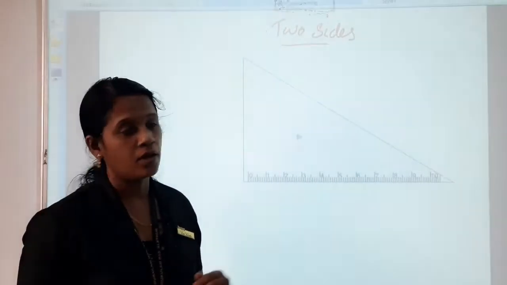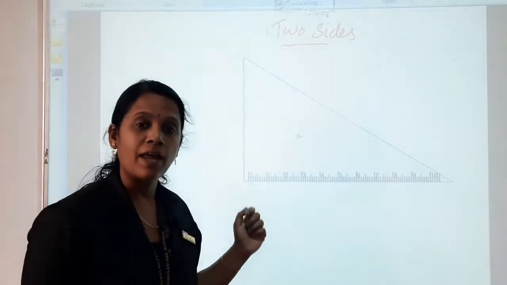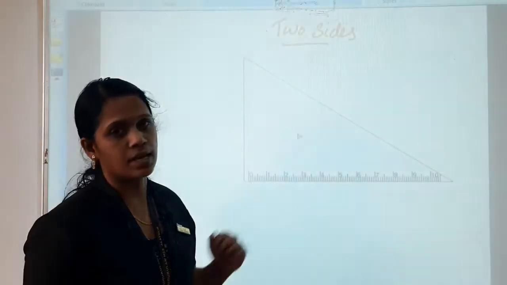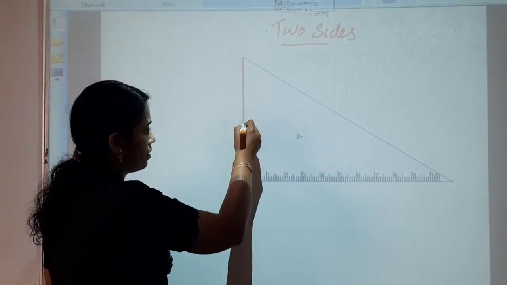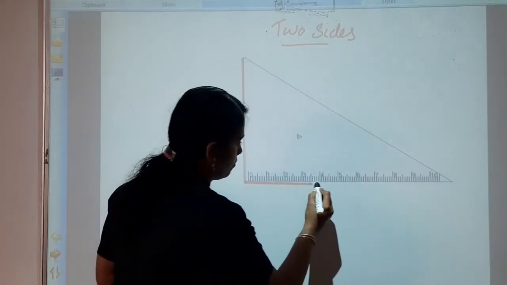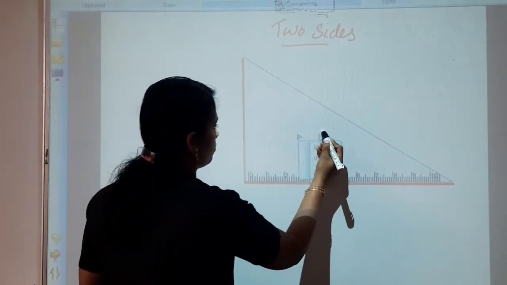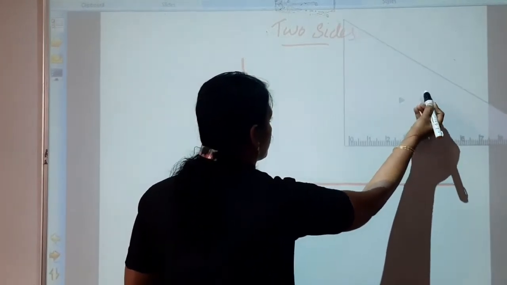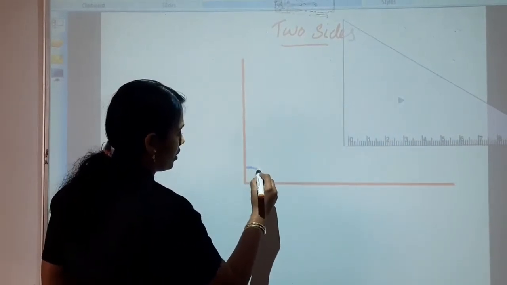Okay. Topic is two sides. Now we can draw an angle using 90 degree corner of this set square. Okay. So here 90 degree angle.